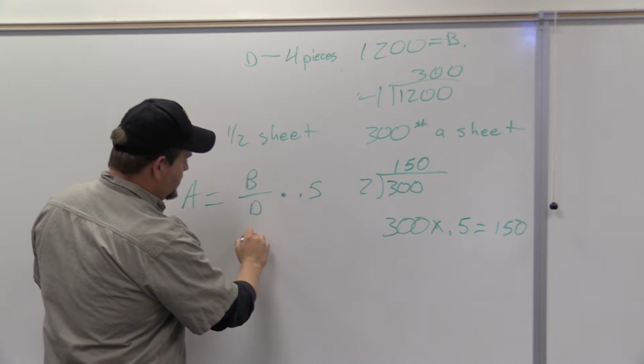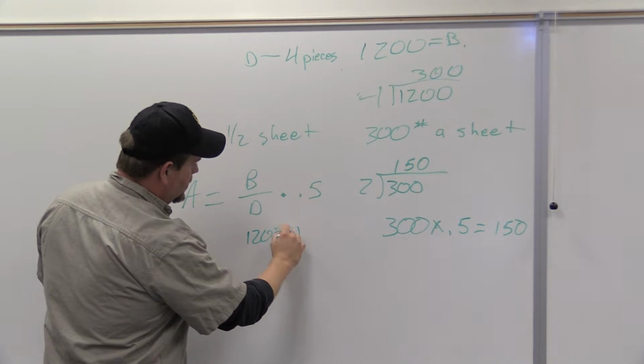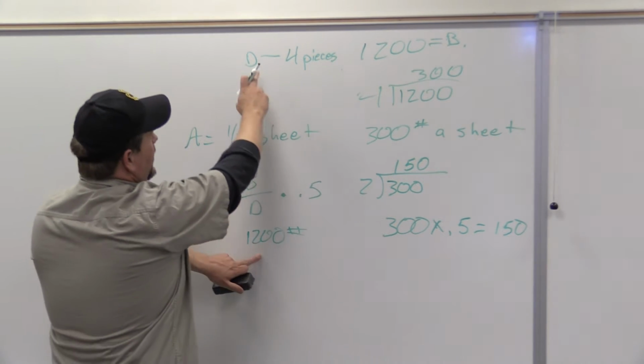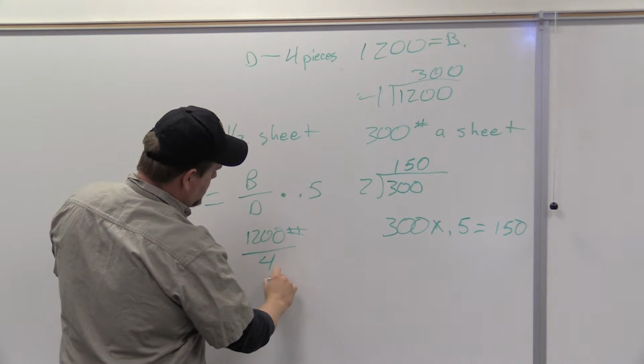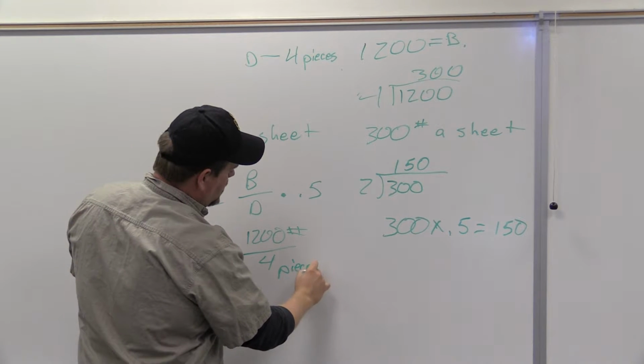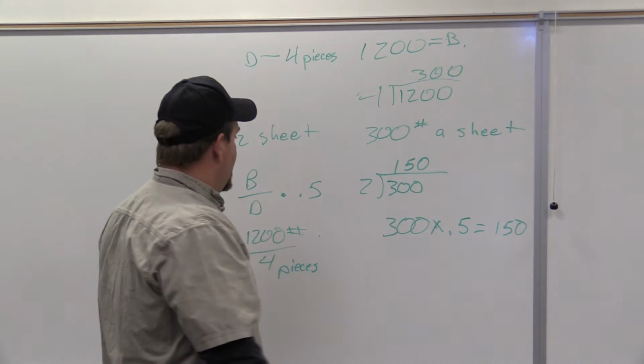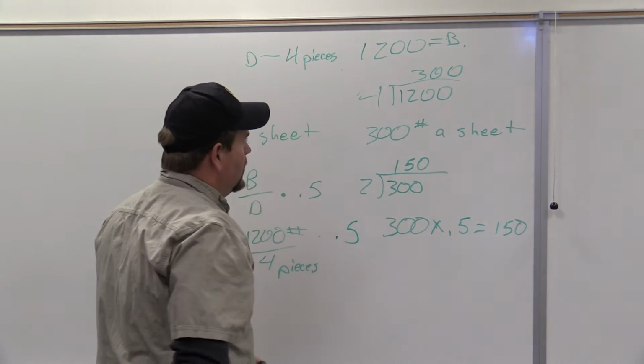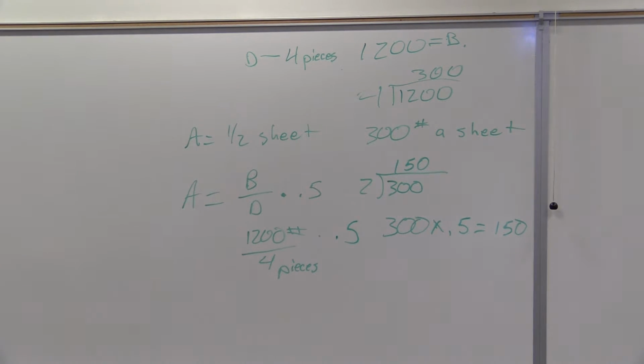So let's do the equation. We have 1,200 pounds divided by 4 pieces multiplied by 0.5, because we only needed half a sheet.